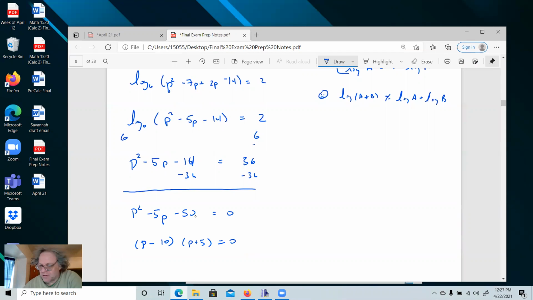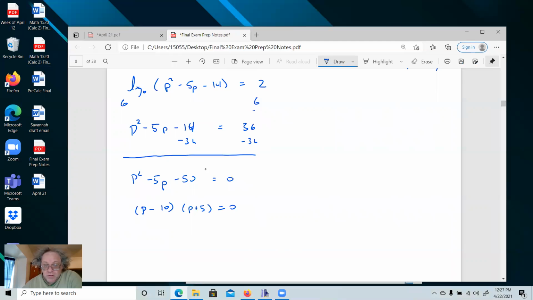That's minus 10 plus 5, minus 5, and negative 50. I think we're okay. From here, p minus 10 equals 0, or p plus 5 equals 0. That's your zero factor principle. You can only do that with 0. Don't do it with 12 or anything. So p is equal to 10, or p is equal to negative 5.